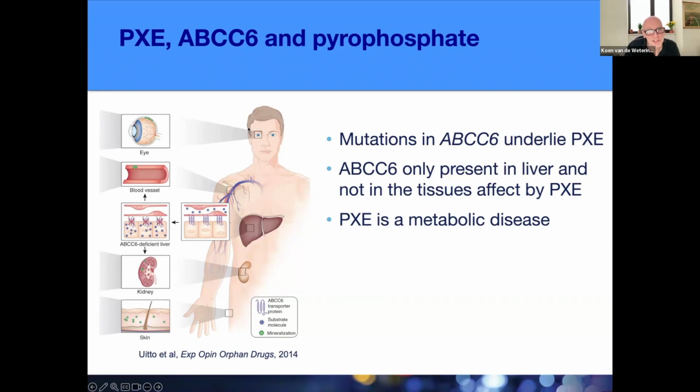So ABCC6 is not found in the eyes, it's not found in the blood vessels, and it's not found in the skin. And that means that PXE is a metabolic disease that's due to the absence of pyrophosphate in the circulation, and ABCC6 is normally providing pyrophosphate to the periphery from the cells of the liver.